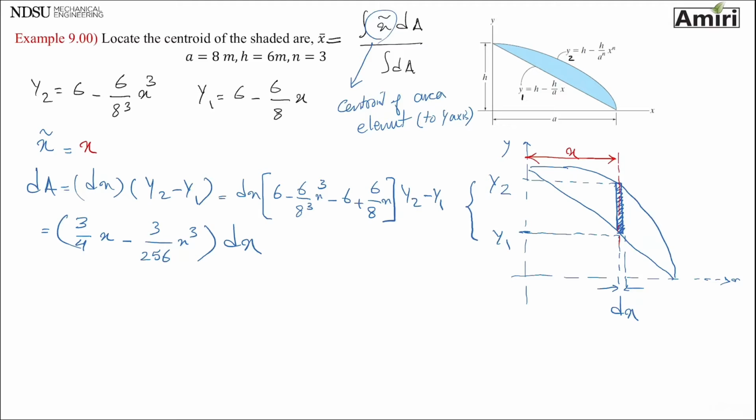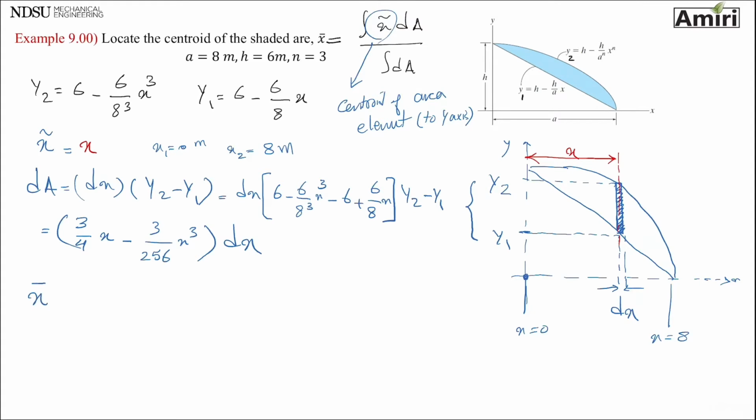All right, I have x tilde, I have dA. I have to find my minimum and maximum x, which are the bounds of the integral. X moves from being 0 all the way to being 8, 0 to 8 inches or meters. And I think I'm all set to do the integral.